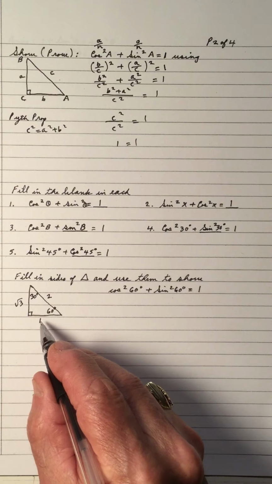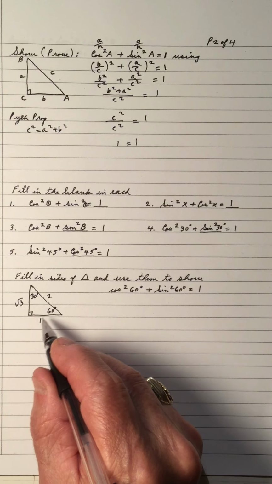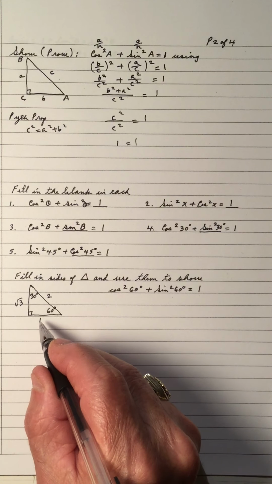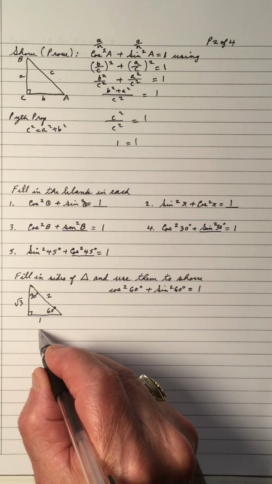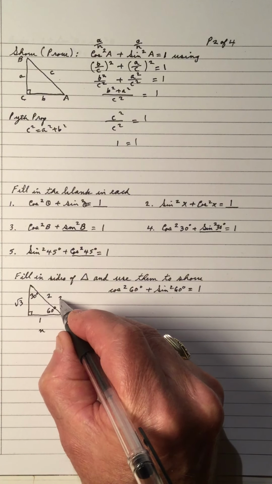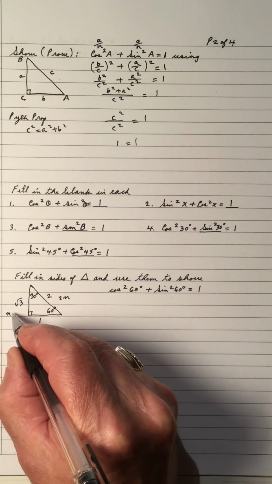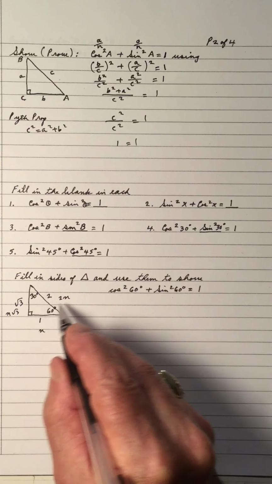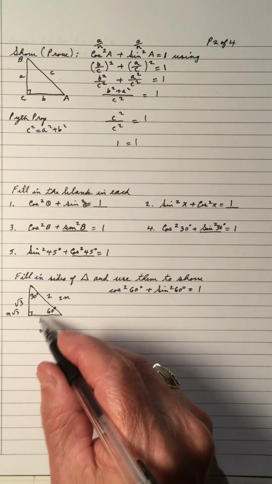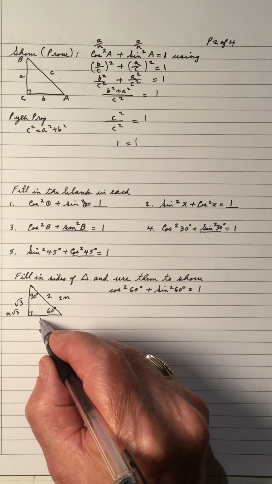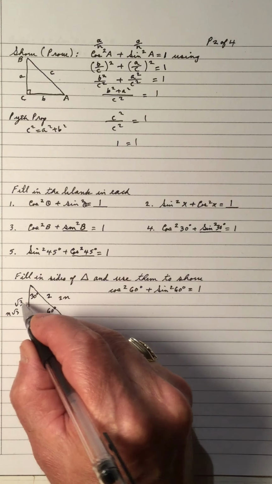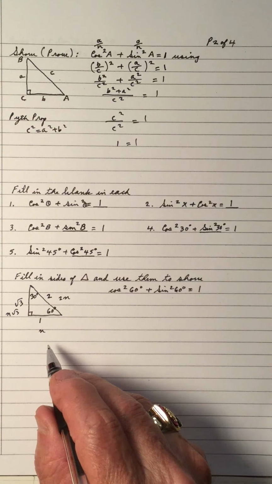This could have been n, this could have been 2n, and this could have been n root 3. These are related to similar triangles. But right now I'm dealing with 1, 2, and root 3 for the trig.